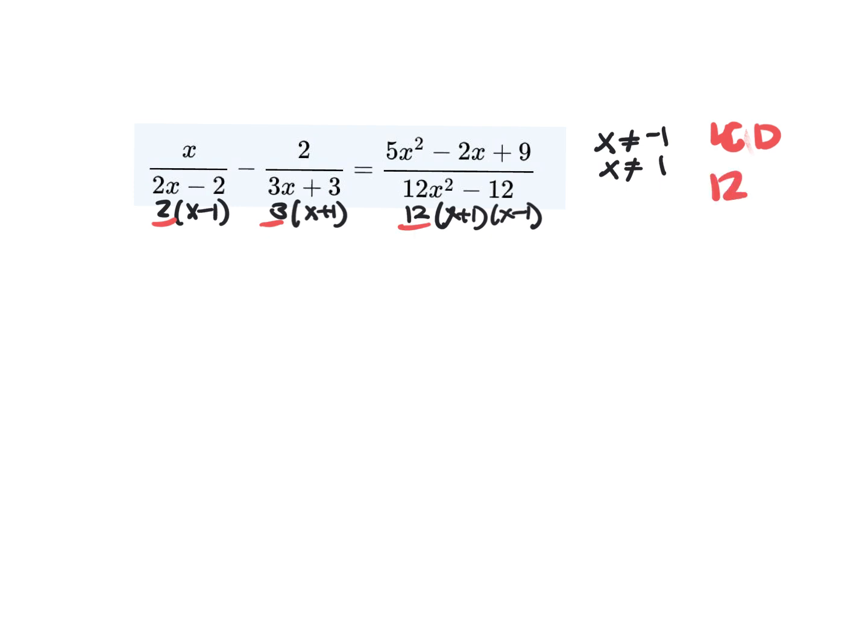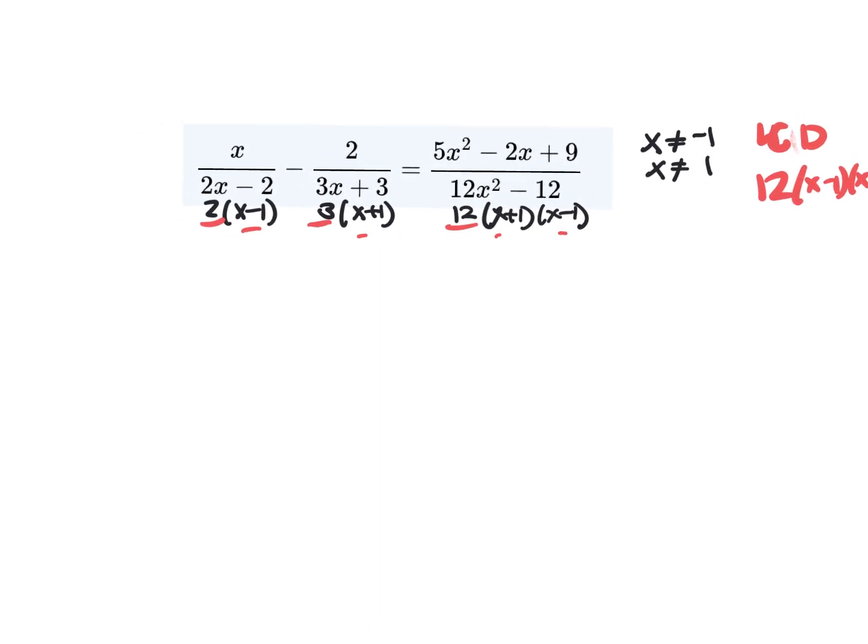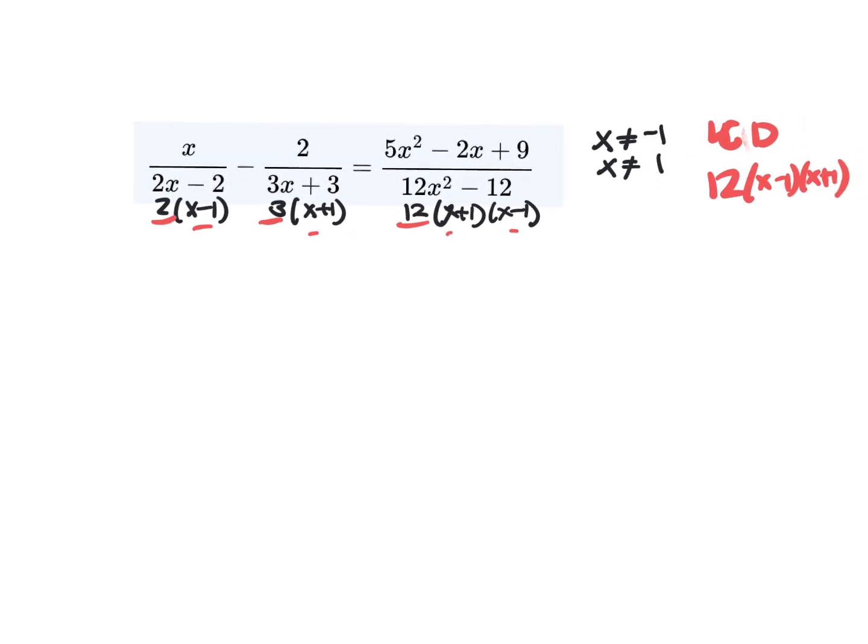I'm going to need to have an x minus 1 and an x plus 1. And so now I'm going to begin multiplying each part here by that lowest common denominator. So I'm going to take 12 times x minus 1 times x plus 1, and I'm going to multiply it by x over 2 times x minus 1.